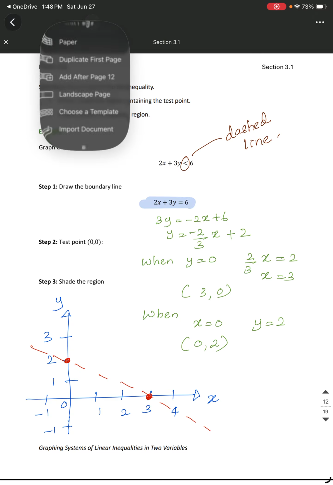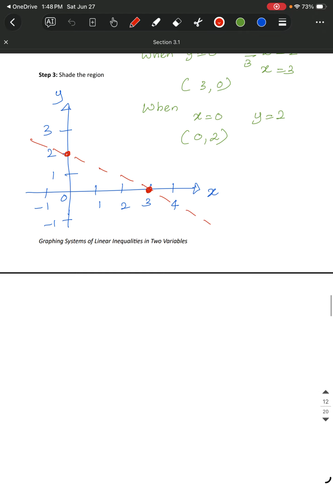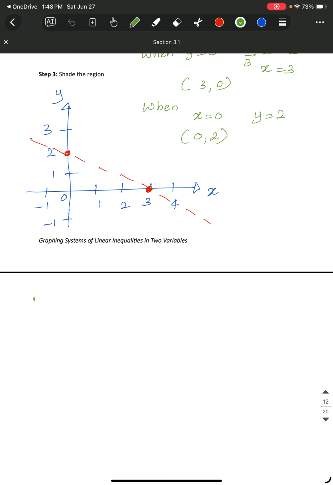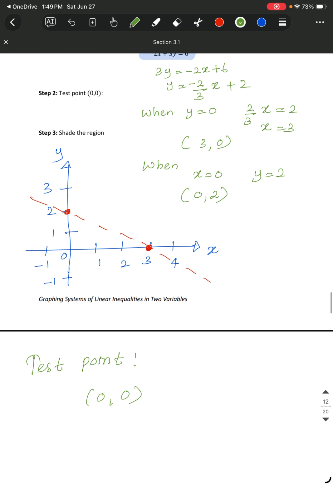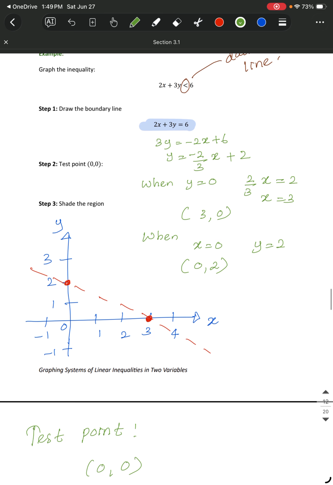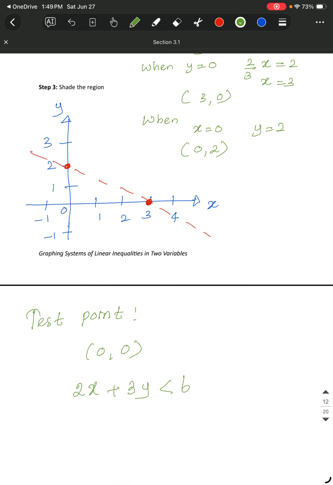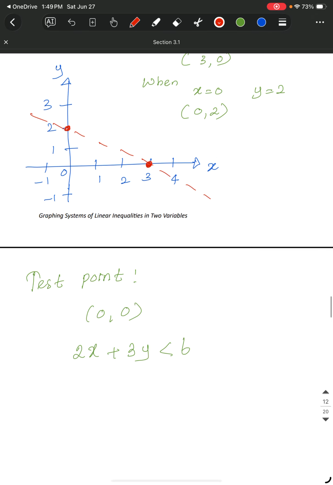Okay, next step, take the test point. As I suggested, use (0, 0). We have the inequality 2x plus 3y less than 6. When we plug in this value, 2 times 0 plus 3 times 0, that means 0 less than 6.